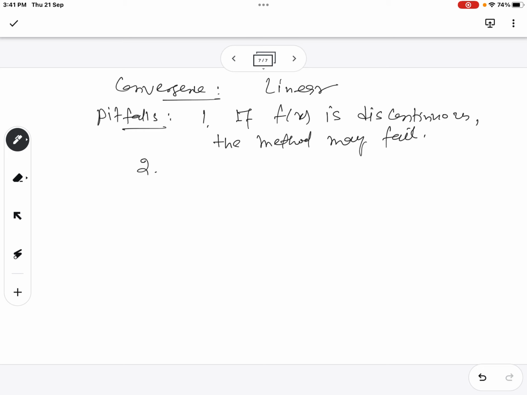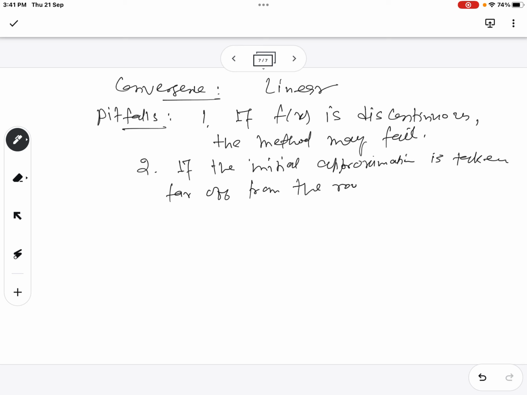Number 2, if the initial approximation is taken far off from the root, then the convergence to the root may be very slow.